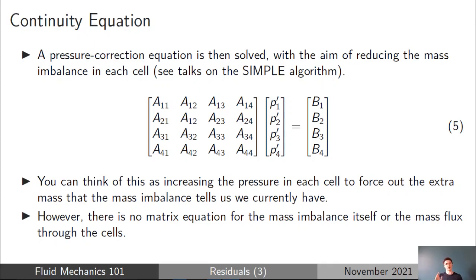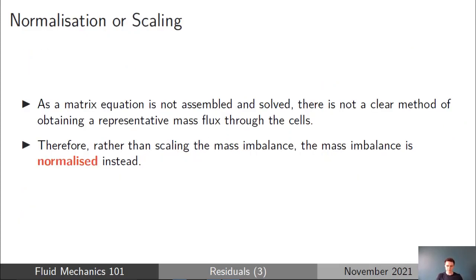But the important takeaway is that we're not solving a matrix equation for mass imbalance or continuity. So we need to do something completely different, and that's why continuity and the mass imbalance is treated differently by CFD codes.